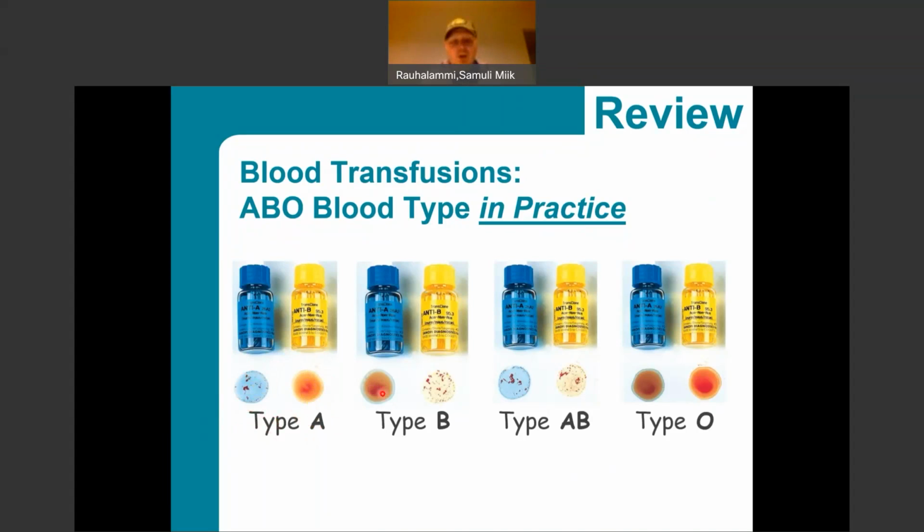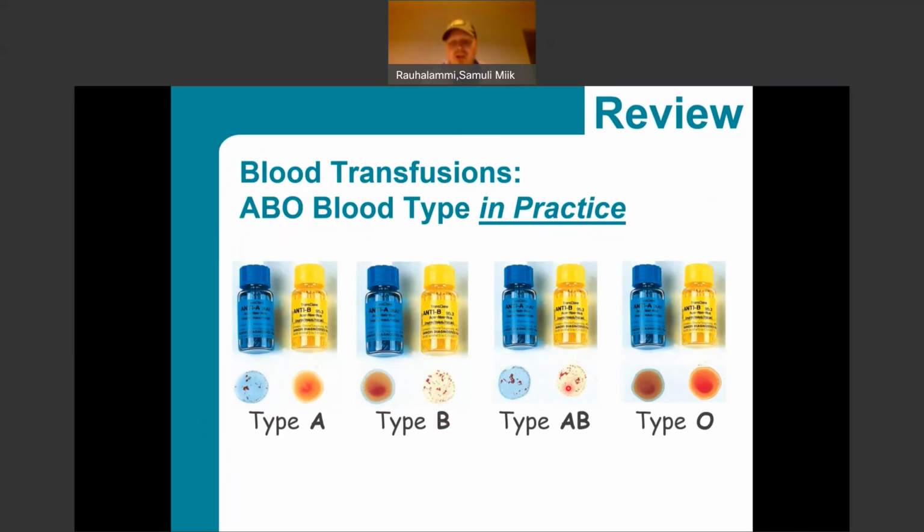An individual who will have no reaction of their blood and anti-A serum, but will have a reaction for the blood and anti-B serum, they will be blood type B because on the surface of their red blood cells, naturally, there will be those B antigens and only those. Now we have an individual who has a reaction for both anti-A and anti-B serums.